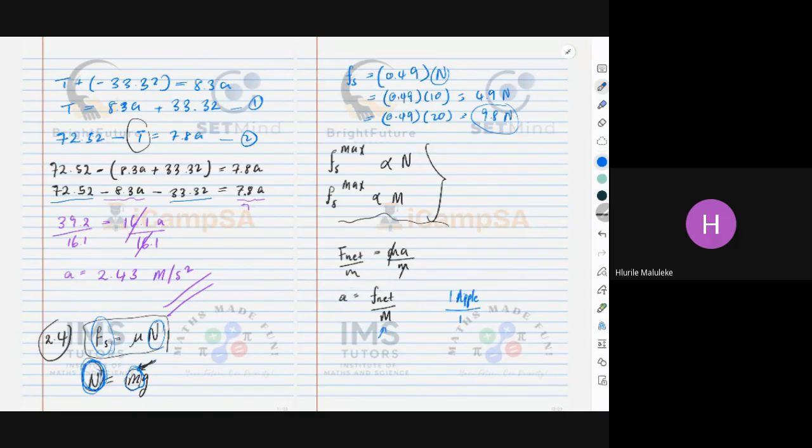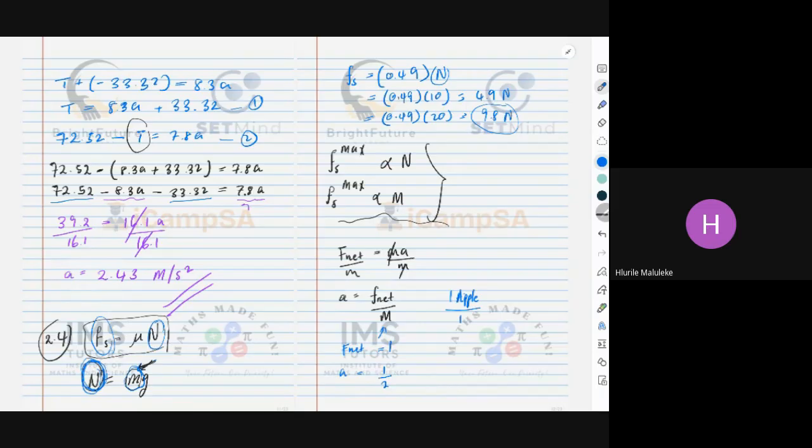So the minute I increase the number of people, which is our mass here, I'm going to have less and less acceleration. Let's say F net equals 1, and I have to divide it by 10, then I would have a 0.1 acceleration. But if I divide it by 2, which is a smaller number, I would have 0.5, which is way bigger.